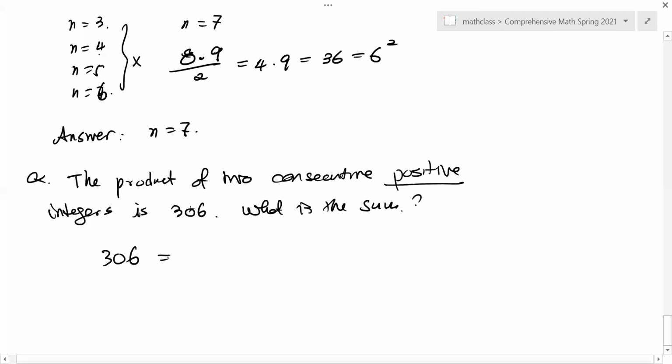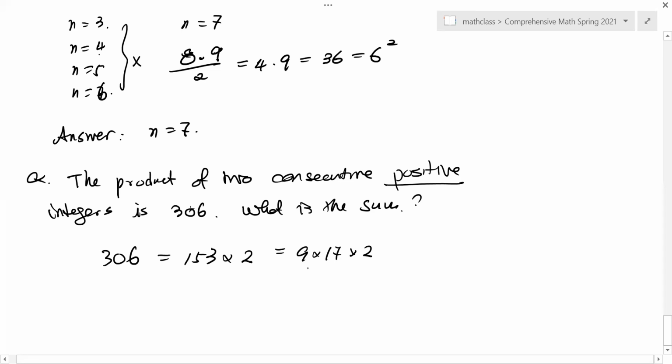Factoring is the procedure. It's also an even number, so divided by 2, you take it out, and this is 153 times 2. For 153, add all the digits together, it's 9, so it's divisible by 9. Then it's 9 times 17, times 2. That's the whole process.